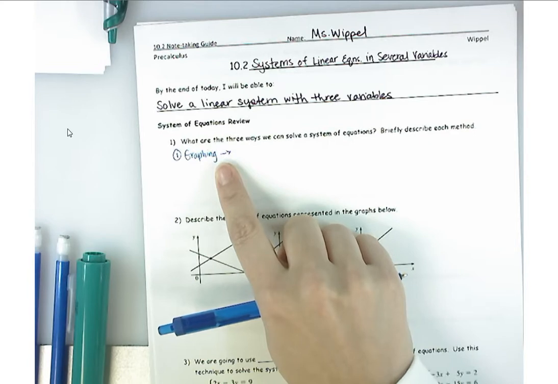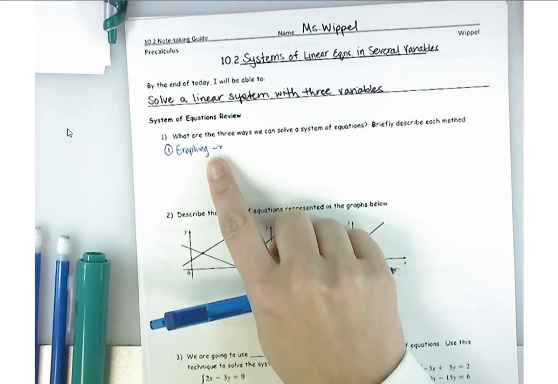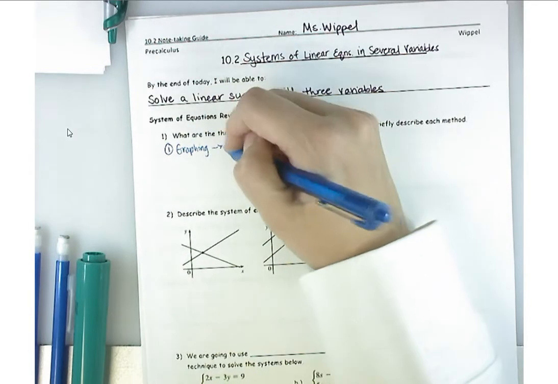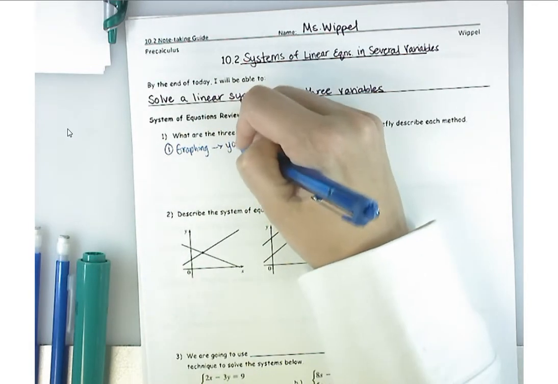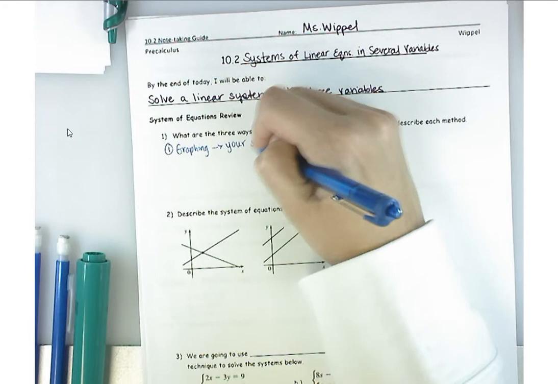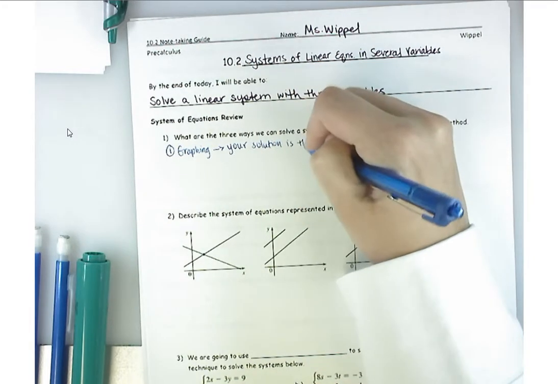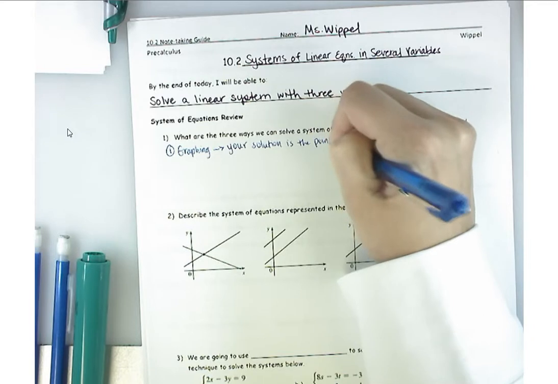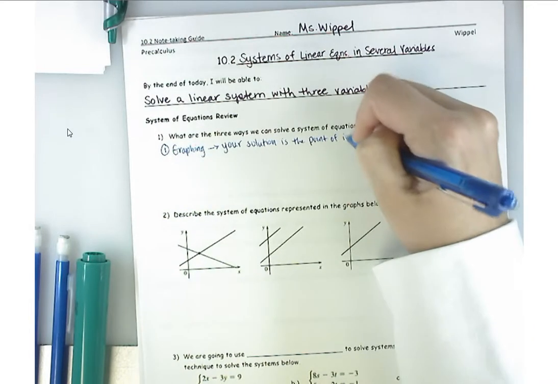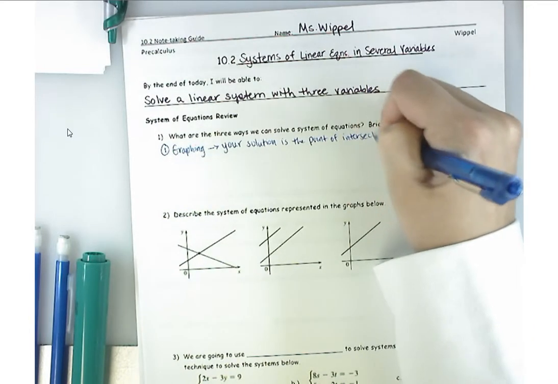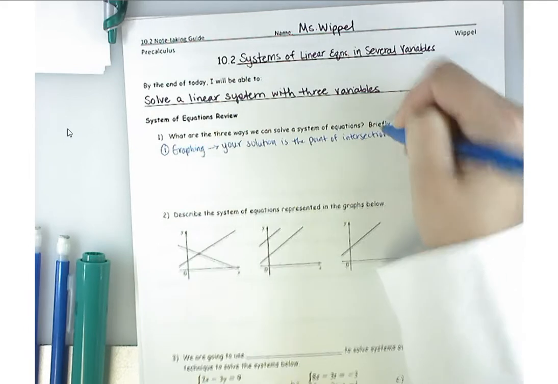The intersection, right? The point of intersection. So when you're graphing, you're trying to find the point of intersection. So your solution is the point of intersection. So a lot of times we do this with our calculator, and we use the intersection feature.